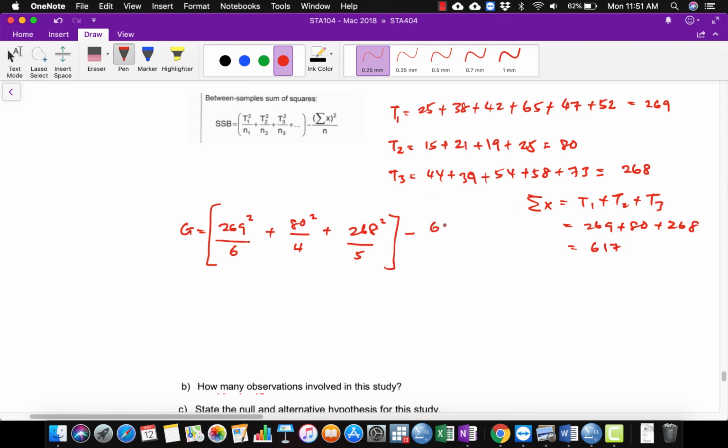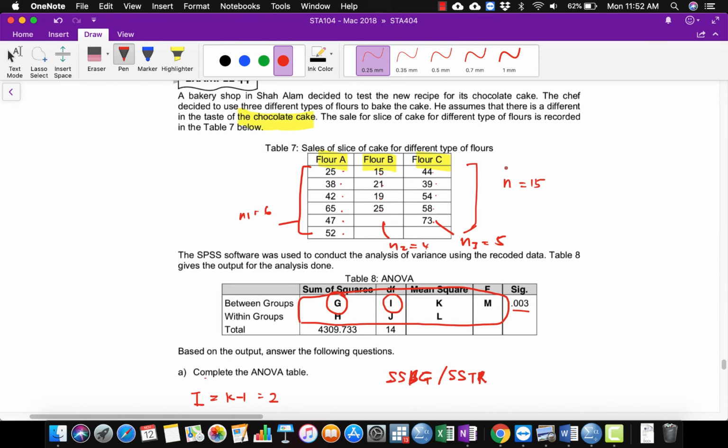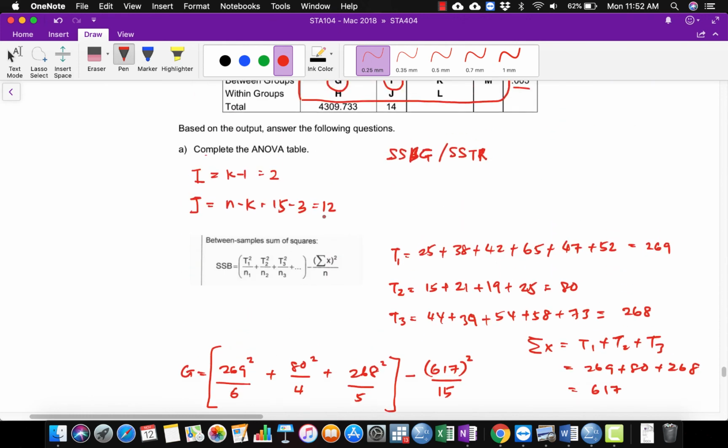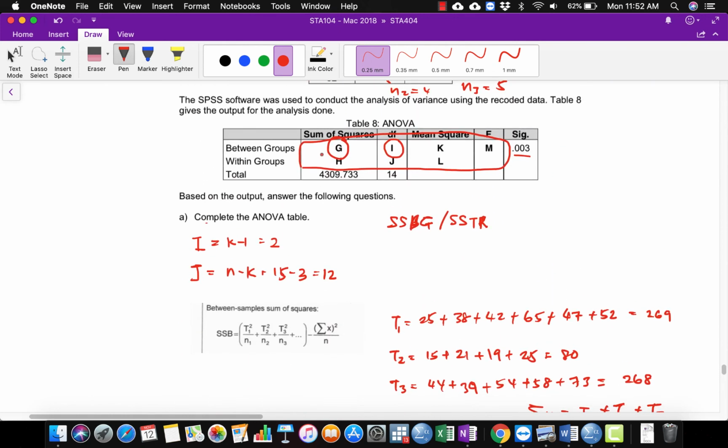So 617 to the power of 2 divided by n, and our total n is equal to 15. So we get the sum of square between group, which should be equal to 2645.7. You should put it in G.